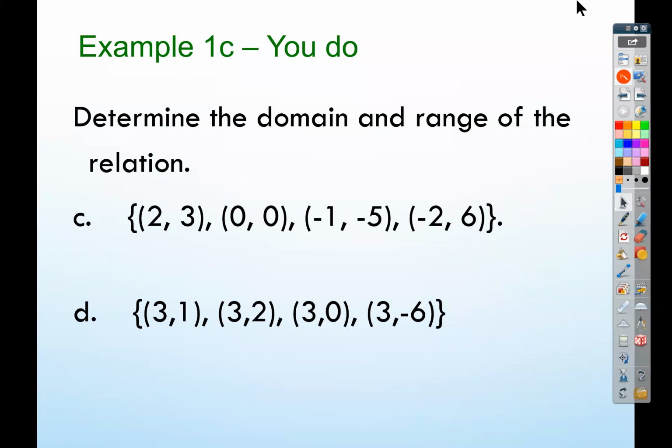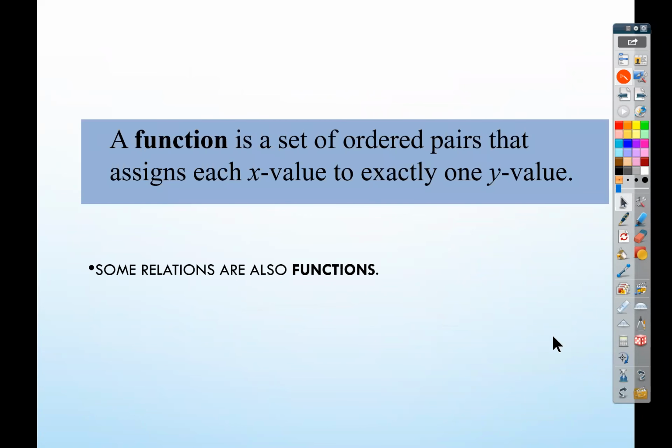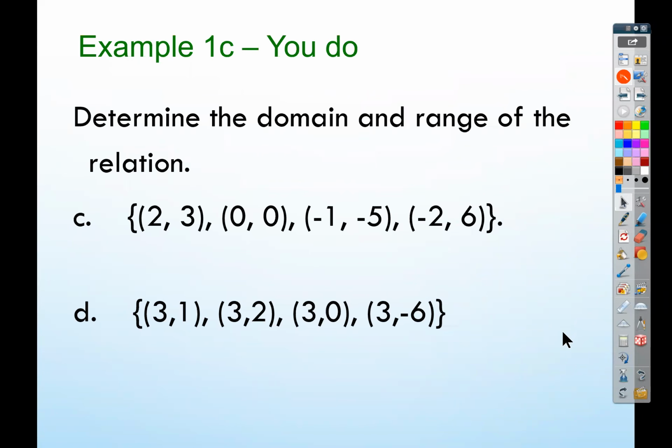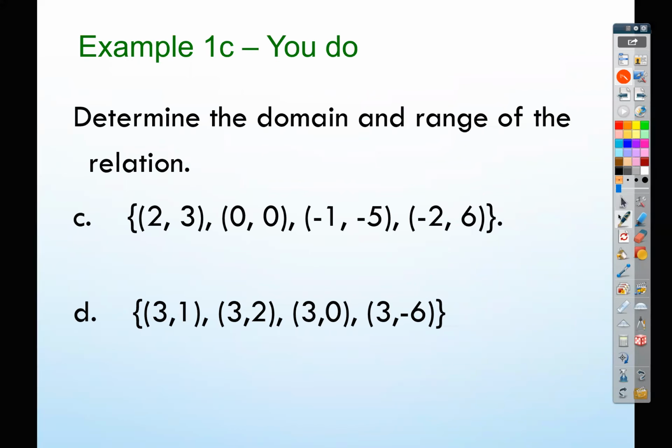Okay, so this one is for you to do. Determine the domain and range of the relation. Go ahead and pause the video, write it down, and I'll be back in a second. Okay, so the domain for C is 2, 0, -1, and -2.